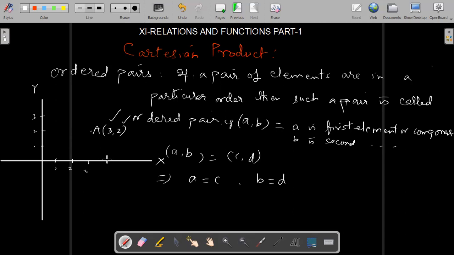So two ordered pairs can be equated if the first component is equal to the first component of the second ordered pair and the second component is equal to the second component of the second ordered pair. If the question is to find the values of A and B, where two ordered pairs are given, we have to equate them separately.